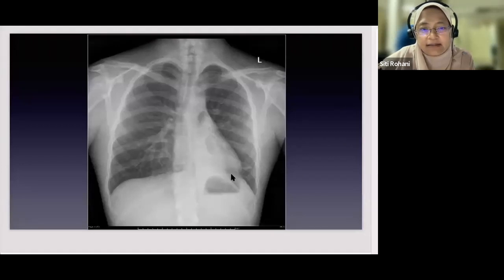So this air under the diaphragm on the left side is because of the gastric air bubble, not because of pneumoperitoneum. Okay. So hidden areas: apices, hilar, retrocardiac, and under the diaphragm. That's our systematic review check.